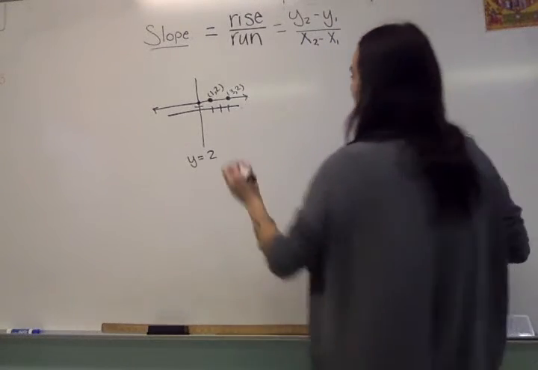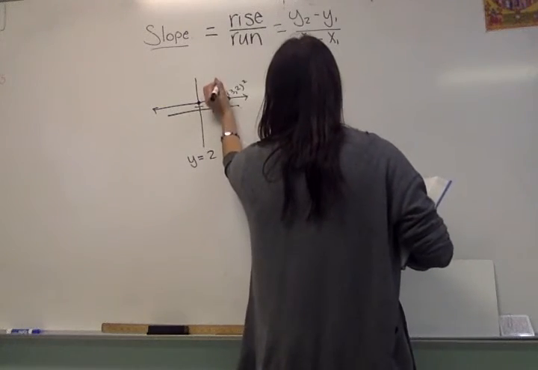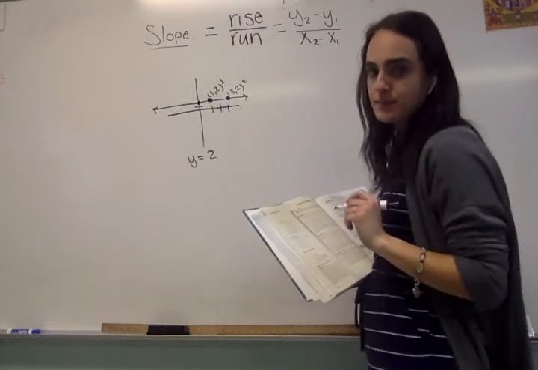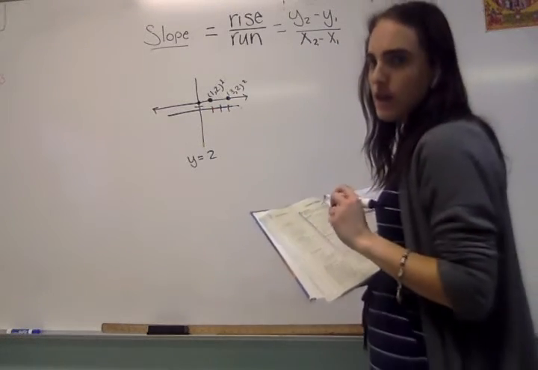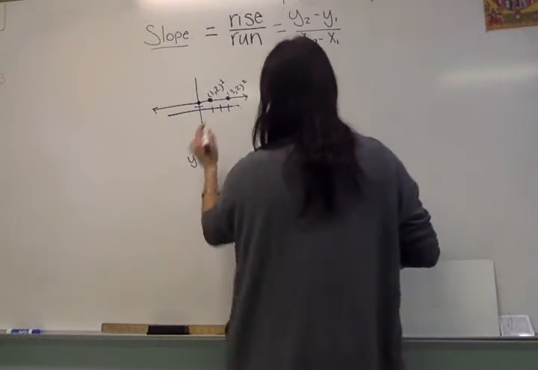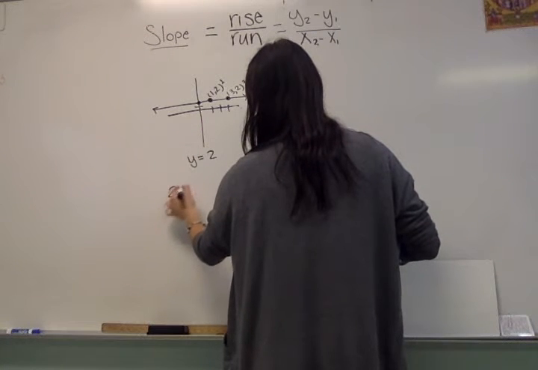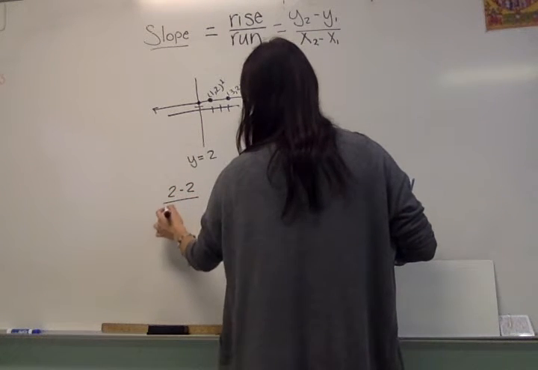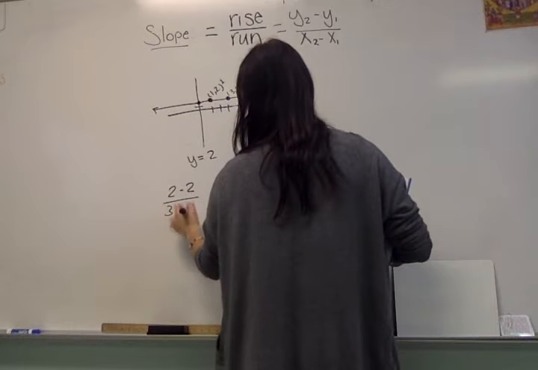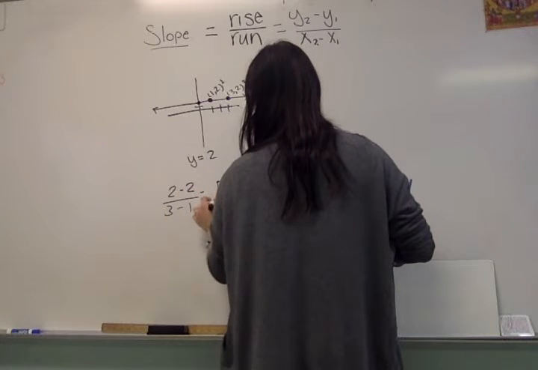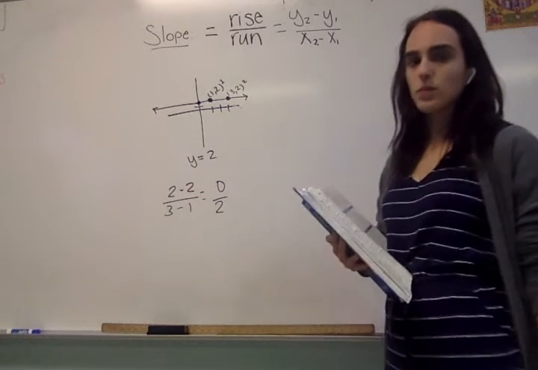So we need to pick. I'm going to have this be my second one, this be my first ordered pair. And then we subtract, so I take my y's, 2 minus 2 over 3 minus 1. 0 over 2 is my slope.